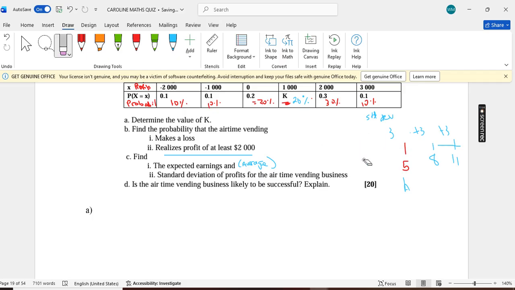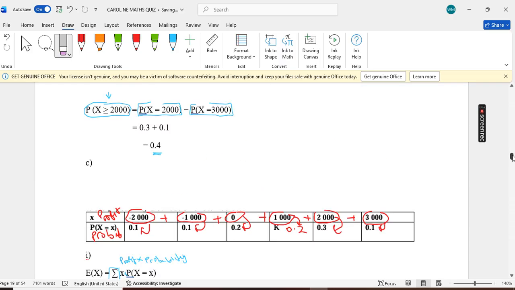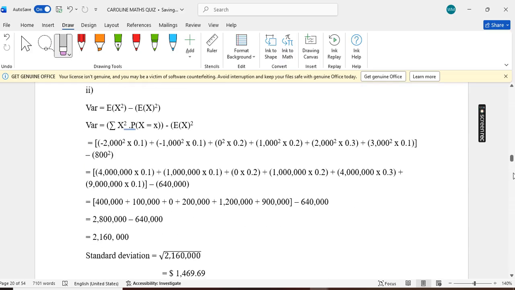So let's calculate our standard deviation. This is the formula for the standard deviation. You can do it in 2 ways. You can first get the variance, which is the standard deviation squared.